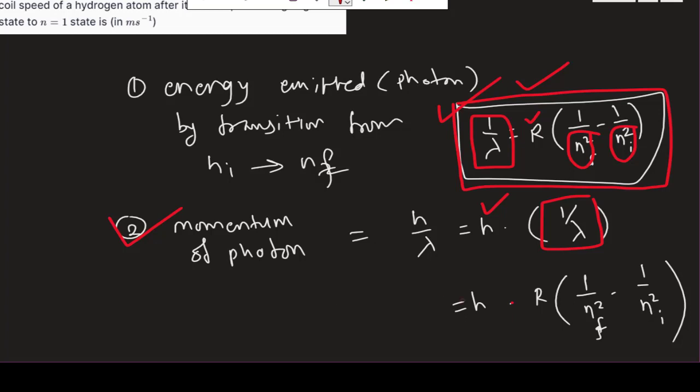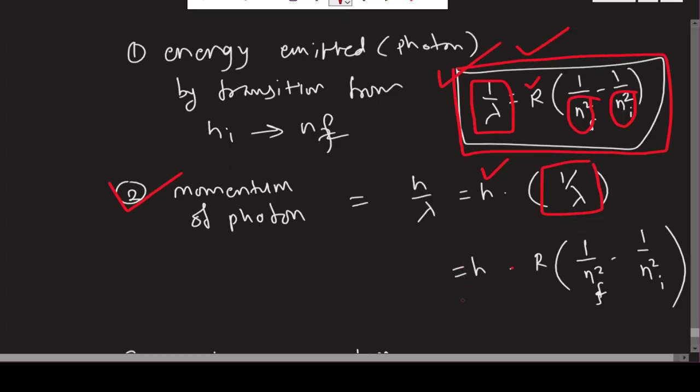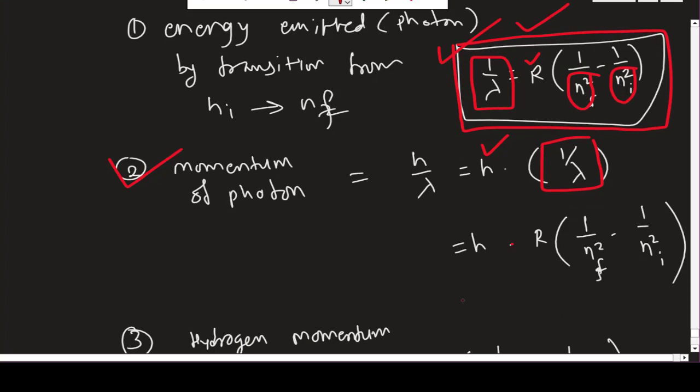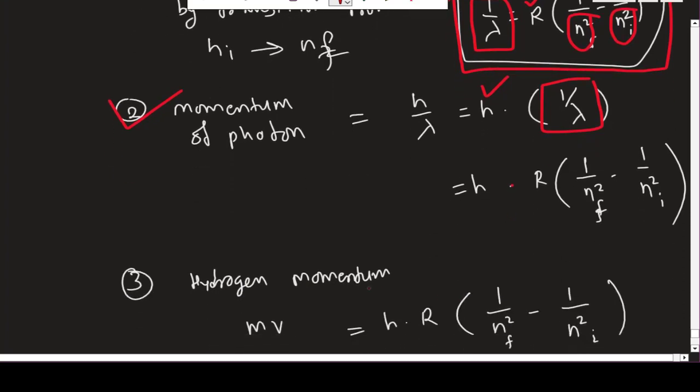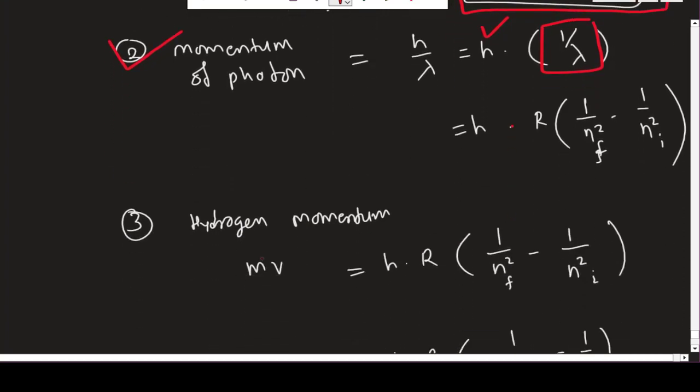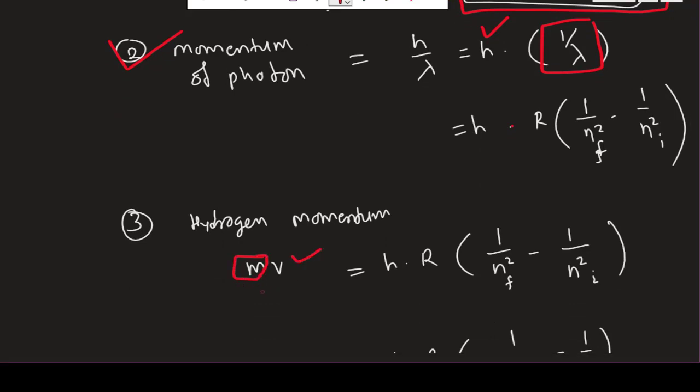So now we have calculated the momentum of photon. In the next step, we will calculate the hydrogen atom's momentum. Let us say the mass of the hydrogen atom is m and the recoil speed or the velocity is v. So momentum will be given by mv, which will be equal to the momentum of photon that we have calculated over here.